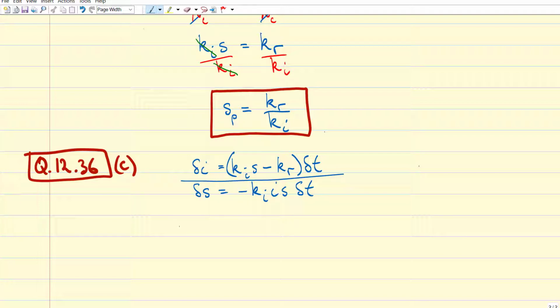So if I do that, I get delta I divided by delta S, equals KIS minus KR times I times delta T. Did I forget the I up there? I did.